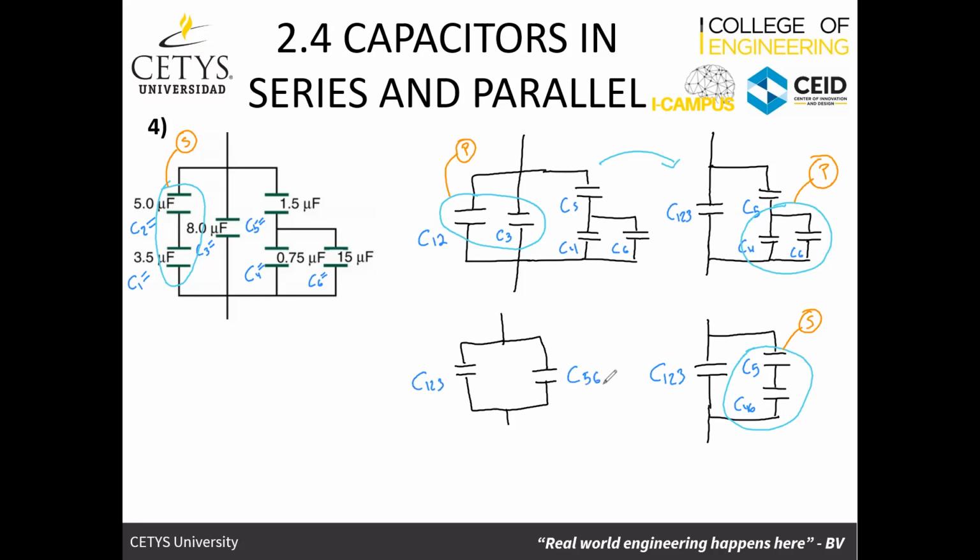And here's maybe where the confusion was, because if we didn't draw these lines here, then it automatically looks like it might be in series. So these two would be in parallel. And that would give us the C1, 2, 5. I'm missing 4, right? Yep. This would be C4, 6, 5.